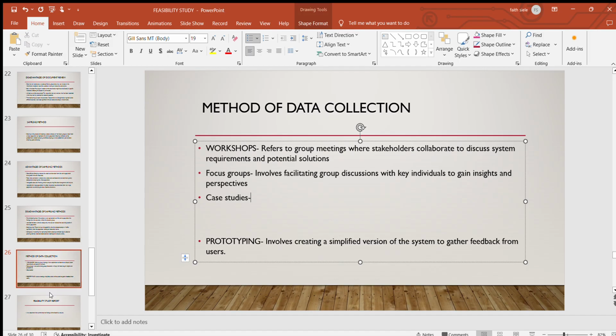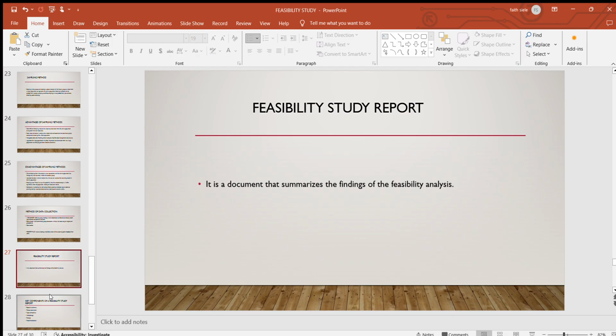So I'd like us to look at our next objective of this particular topic, that is feasibility study report. What is a feasibility study report? It is a document which summarizes the findings of the feasibility analysis.